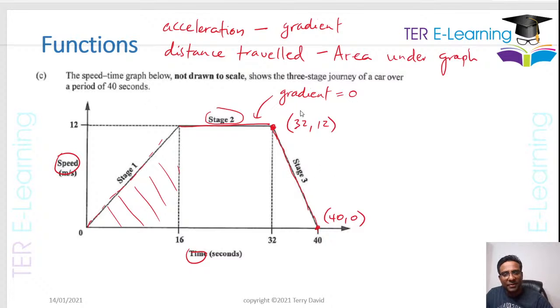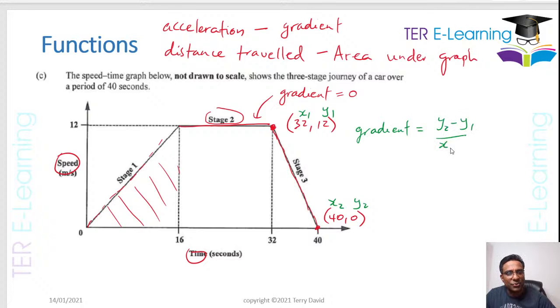So if we call this x1, y1, and this x2, y2, then my gradient is simply equal to y2 minus y1 over x2 minus x1. That's the formula for gradient.